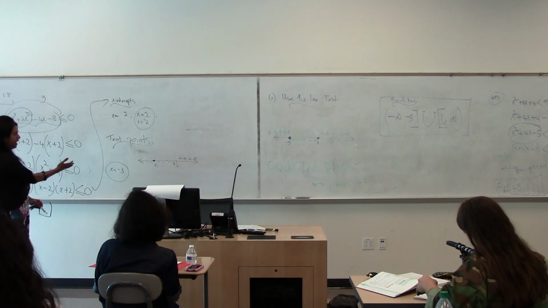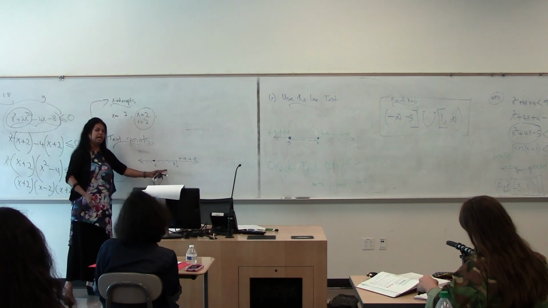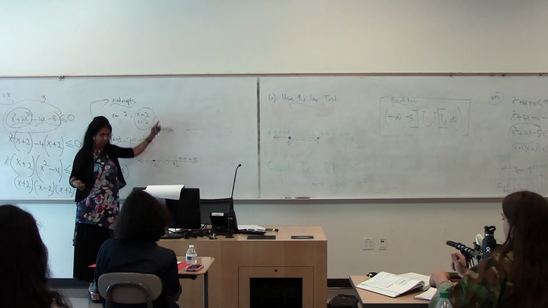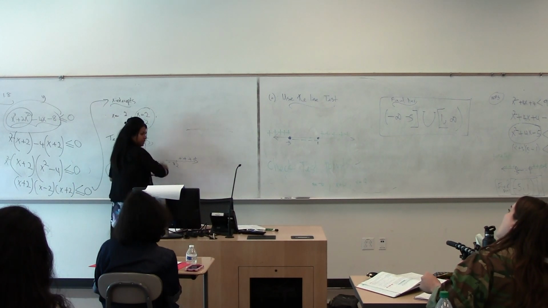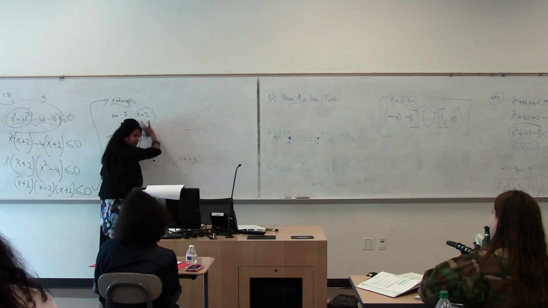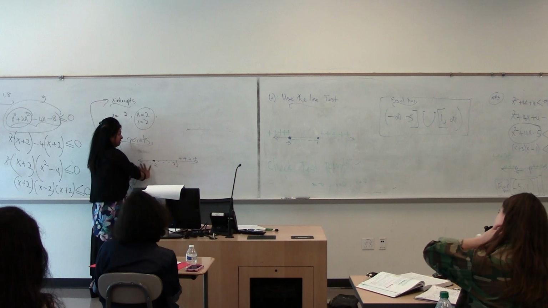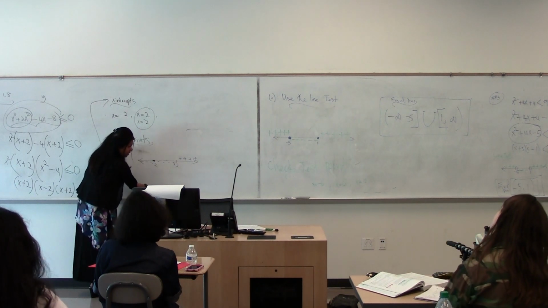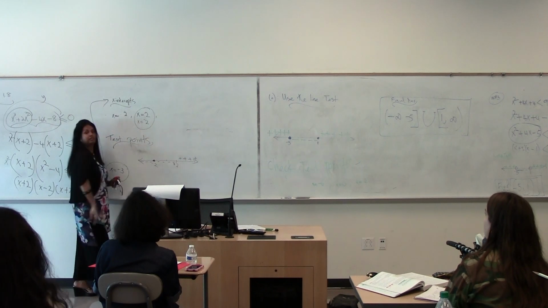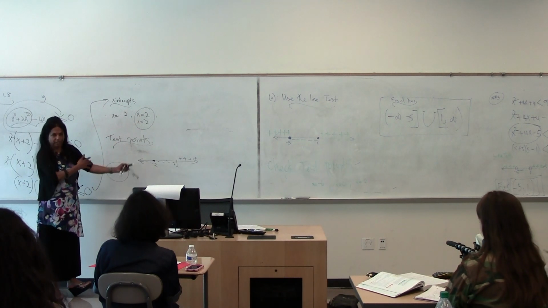So at this part of the curve, the graph is always below the x-axis. That's what the problem is telling you here.